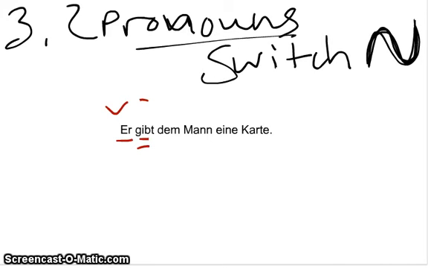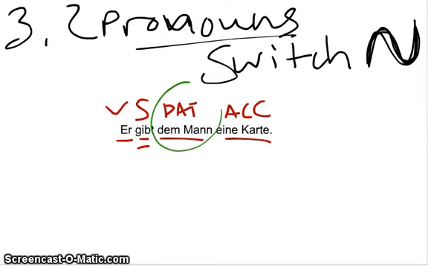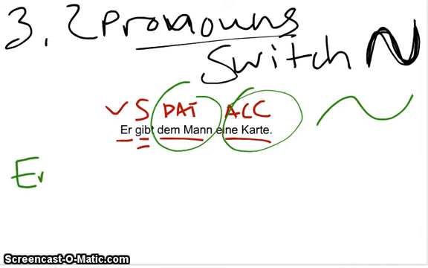He gives. He gives what? He gives a card, direct object accusative case, to whom or for whom? The man, dative case, indirect object. So if we want to make both of these pronouns, saying he gives him it, then we need to switch the order of the pronouns. So we're going to go ahead and try that right now.